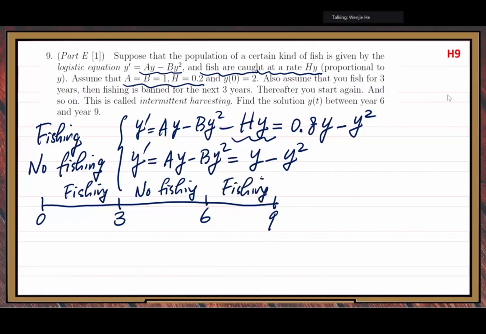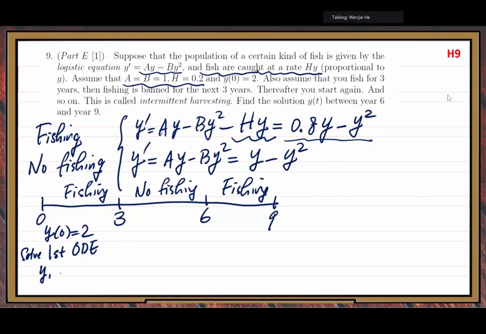So you solve the fission case using the first ODE, with initial value y0 equals 2. Solve the first ODE and you get a solution.